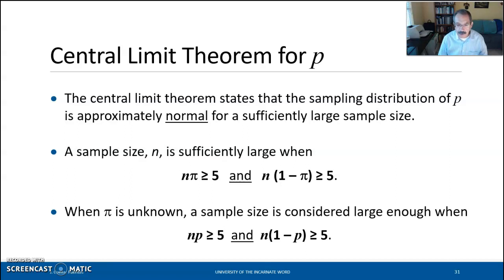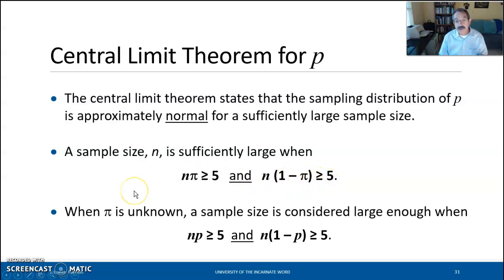What is sufficiently large? You remember from chapter 6 when we approximated the binomial distribution with the normal distribution, we saw that the sample size times the probability of success must be at least 5, and the sample size times the probability of failure must be at least 5.